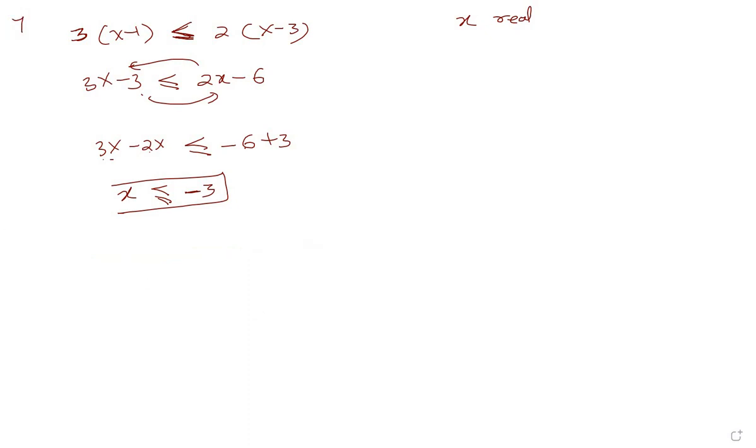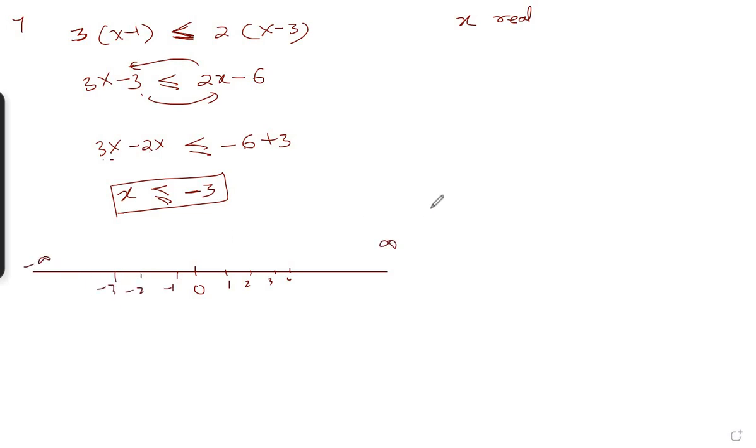Let me make it again. On a number line, how will I show? This is my line, correct? So 0, 1, 2, 3, 4 like this. 1, 2, 3, 4. And here will be minus 1, minus 2 and minus 3. This is my entire number line. Correct? This is entire.